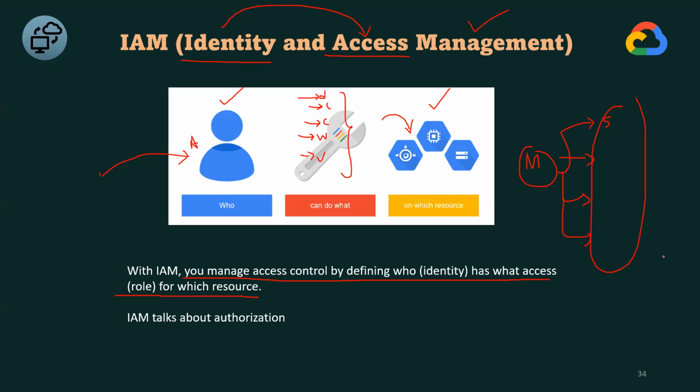No. They need a Google account, which they create on their own, with a password and a second step of verification. Whenever they try to access Google Cloud, they use these credentials. So this is authentication.